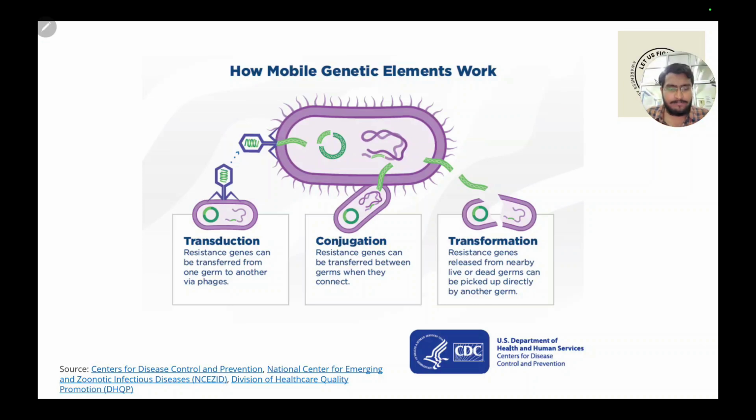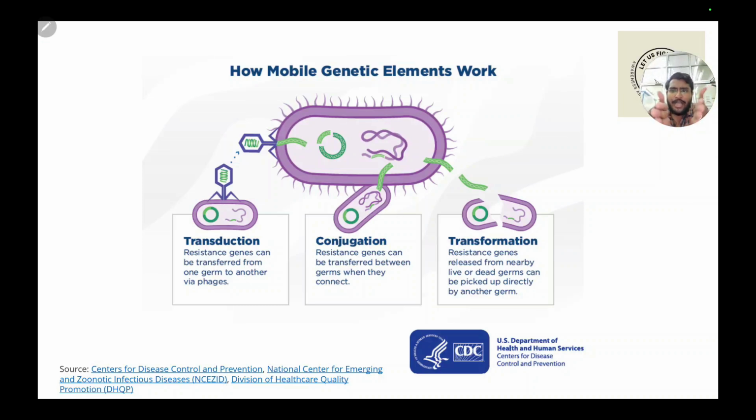Next comes conjugation. So let us say that there are two bacterial cells, one which has resistance, another which lacks resistance, and if they are in close proximity, as you can see in the image also at the center, the resistant organism will insert an appendage into the non-resistant one and will pass on its genetic material through that tube, so that now the gene is received by the non-resistant one.